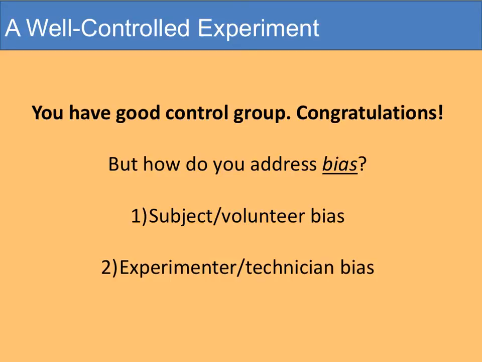You can't treat them exactly the same way and then say, okay, this group doesn't know that they have their legs cut off. That's kind of obvious, right? So you can't always have a blind subject, subjects who don't know which group they're in.